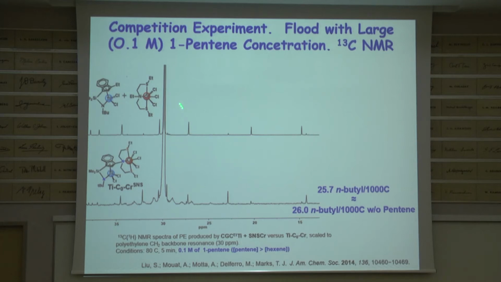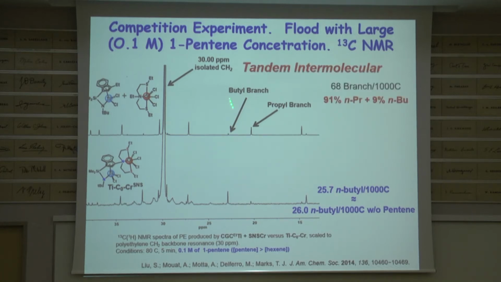And always our control is the tandem catalyst. And so we're feeding a tenth molar 1-pentene. We've put in a lot of 1-pentene. And you can see propyl branches mean that we've enchained a lot of 1-pentene versus butyl branches. So this is the tandem intermolecular. 91% of the branches are N-propyl when we add tenth molar pentene.